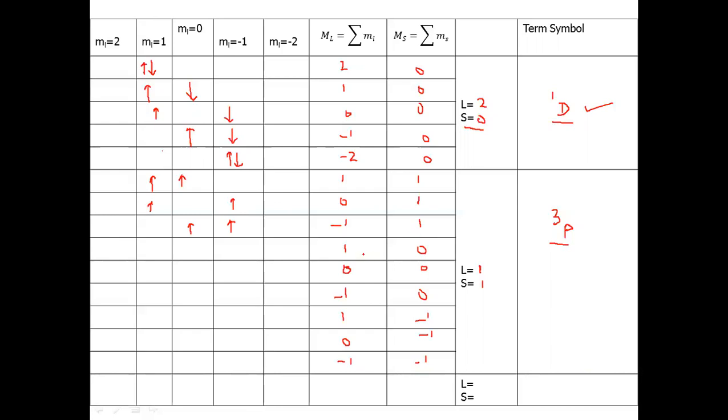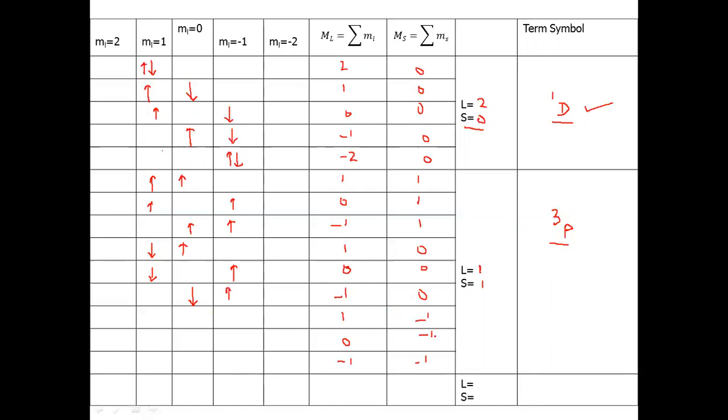Now we need 1, 0, minus 1 with MS 0, 0, 0. That means we will take them with opposite spin. So this down, this up. This is MS 0, ML 1. So this down, this up. Okay, 0, 0. Now this down, this up, minus 1, 0.